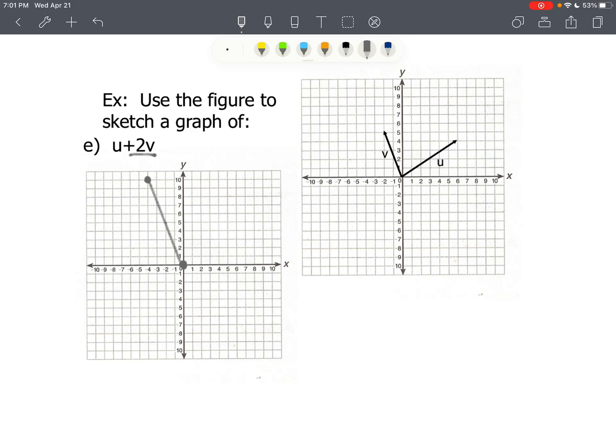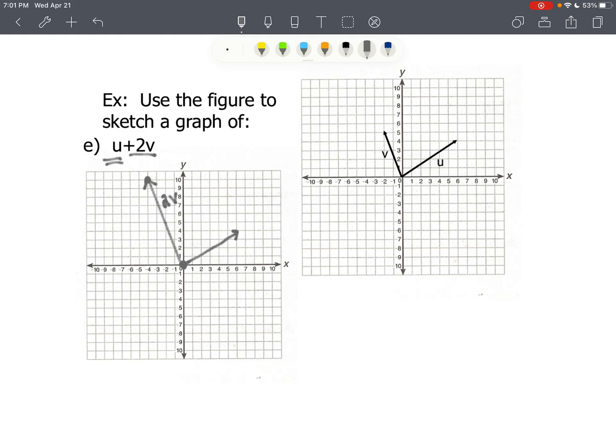So this vector is 2v right here. Now, if I try to draw u and just place it where it normally is, I'm going to end up drawing a parallelogram, and I'm going to end up going off the grid. And I want to try to avoid that.